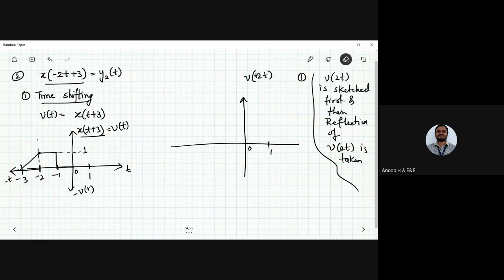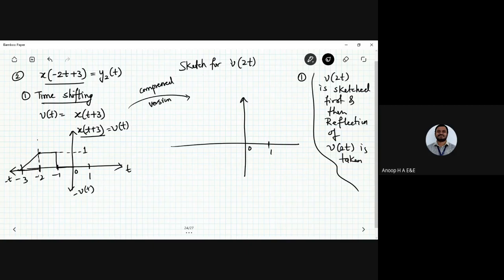It is a compressed signal of this x of t plus 3, the compressed version of v of t by a factor of 2, that is 1 by 2.